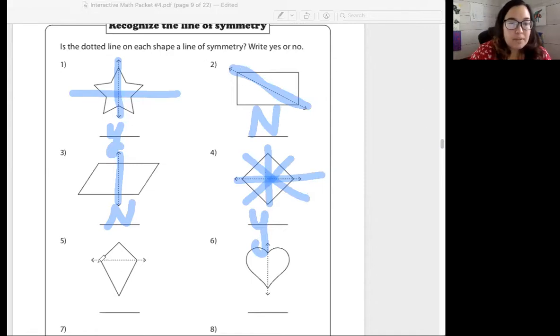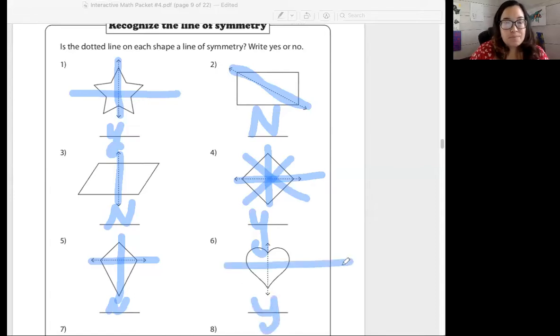All right, how about this line right here? Symmetrical? Nope. Does this shape have a line of symmetry though? It does. I just have to go straight up and down. Any other way, it's not going to work. How about this heart? Yes, it is. But what if I went this way? Symmetrical? Nope.